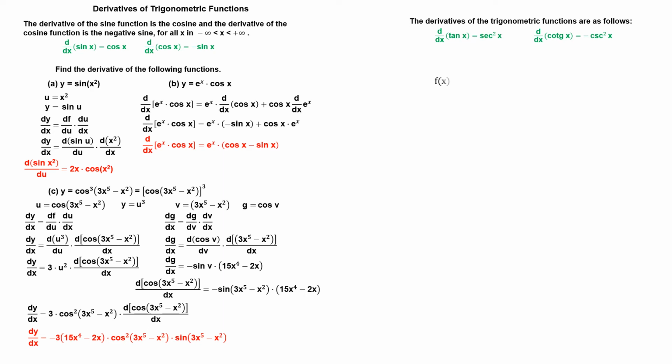Let us find the derivative of the secant function. The secant of x is 1 divided by the cosine of x. We now use the quotient rule.